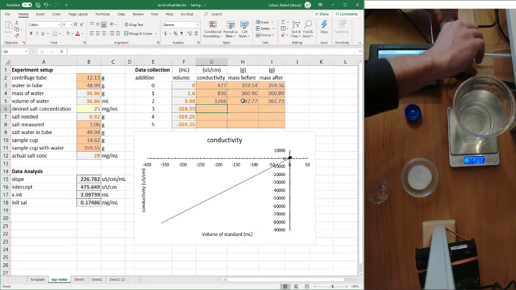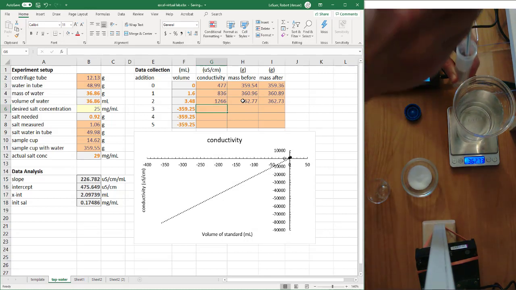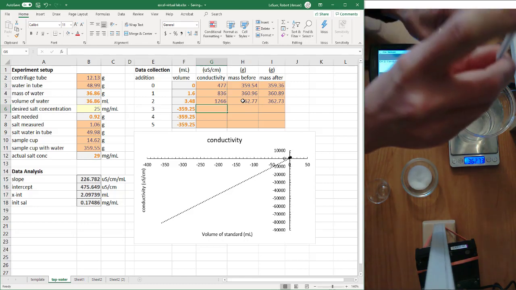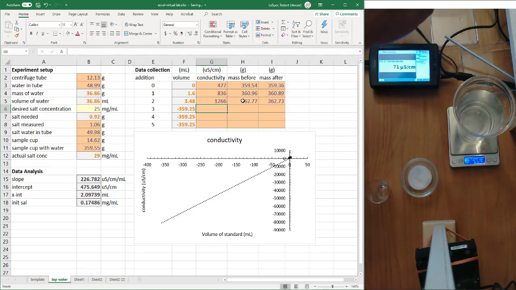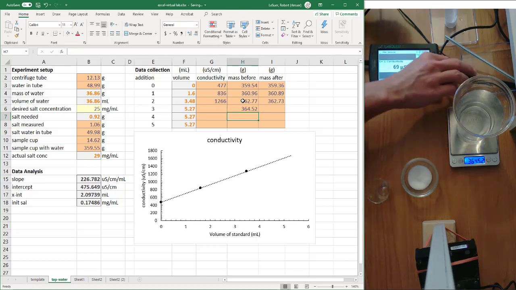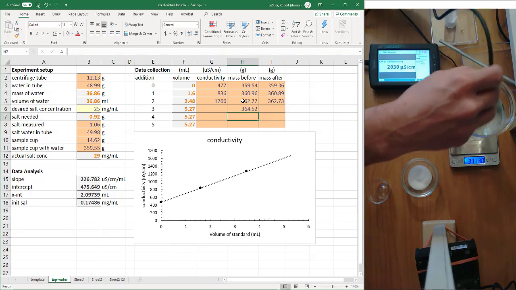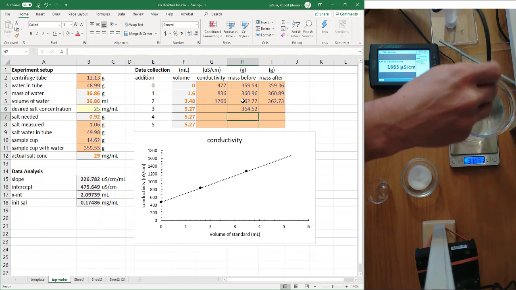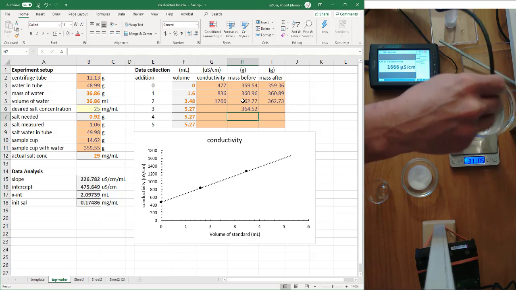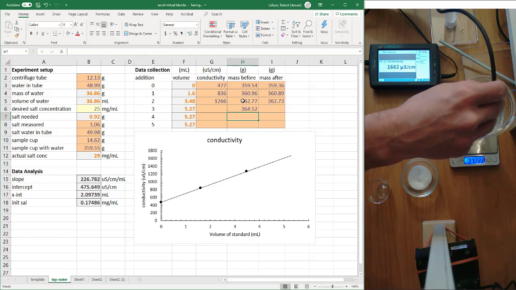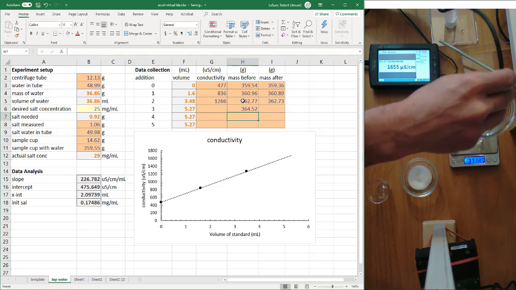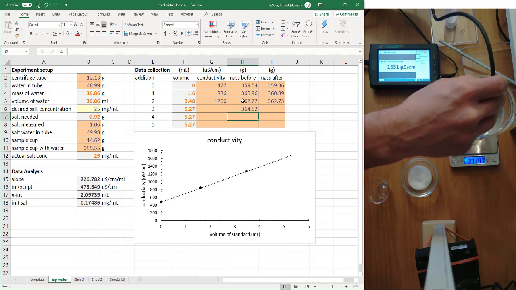Got a few more here to go. I keep stirring until I see that the conductivity is bouncing back and forth between two numbers or so, as opposed to drifting downwards.